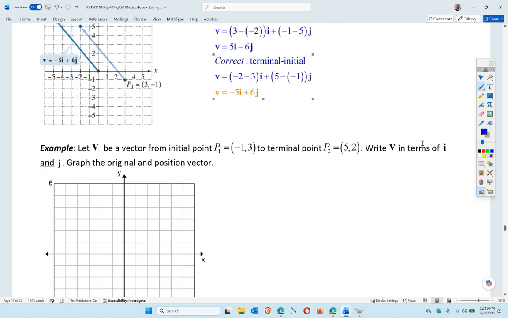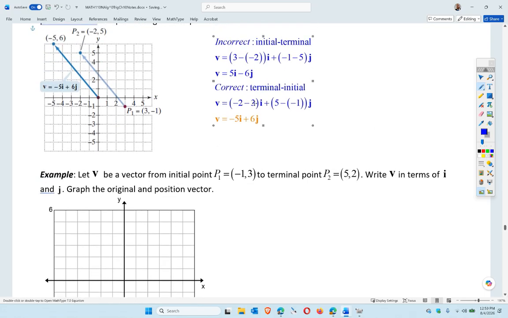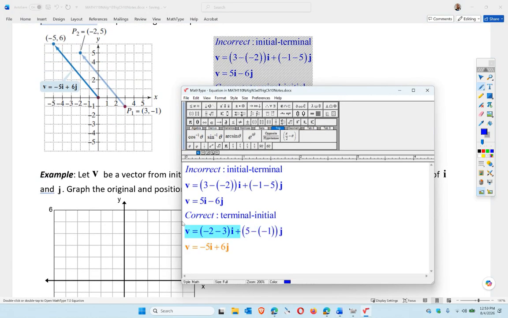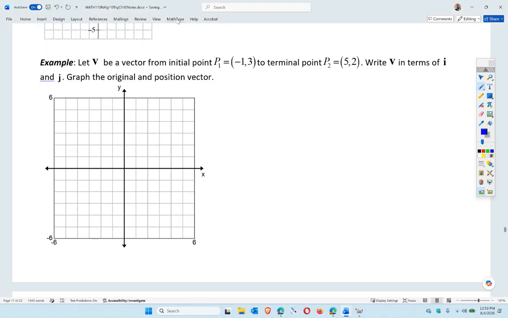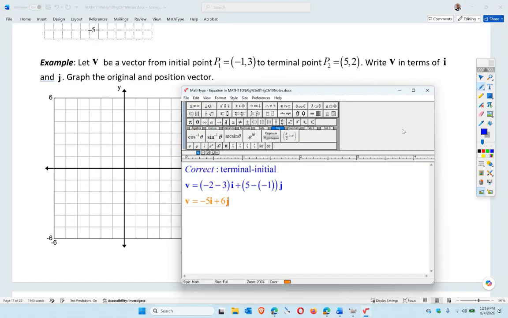Alright, let's try one more here. I'm going to copy the correct one because we don't care about the incorrect one, and go down here and paste it.